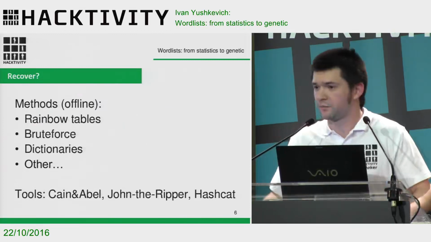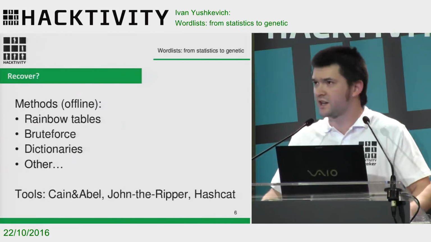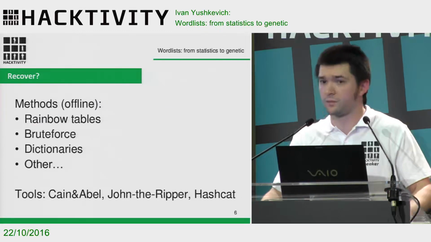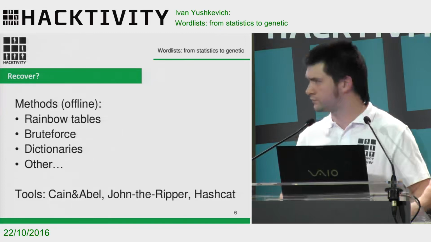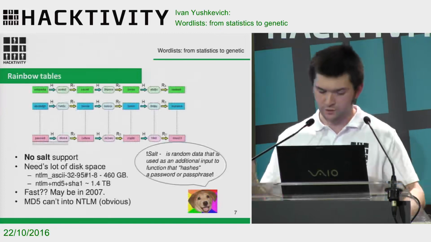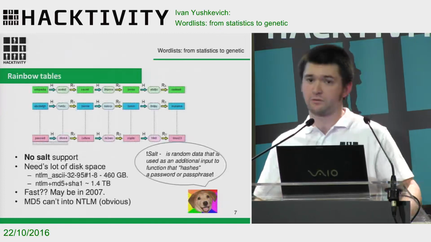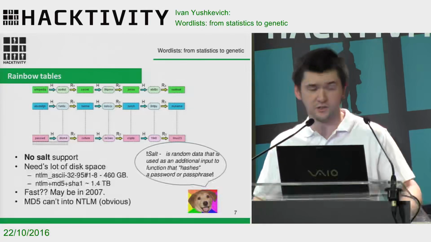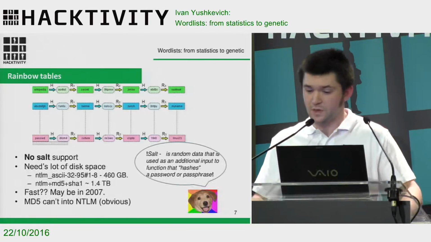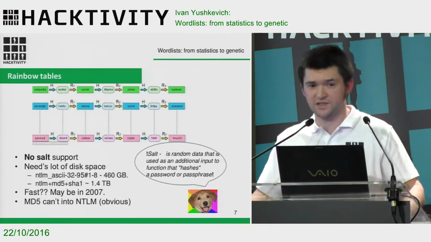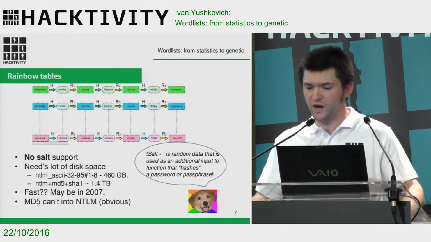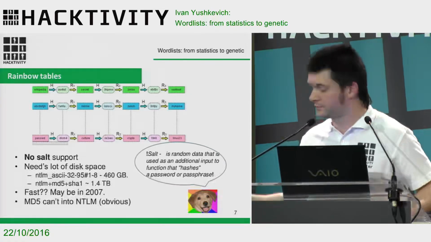There are some methods that can be used to recover passwords. I'll try to briefly describe all of them with their pros and cons in my own opinion. First of all, rainbow tables are used to recover passwords for a certain length and certain character set. They take less processor time than brute force and less disk space than a table lookup, but still have no salt support.